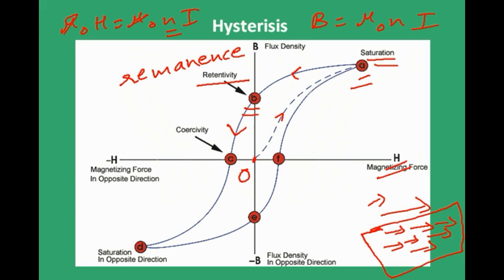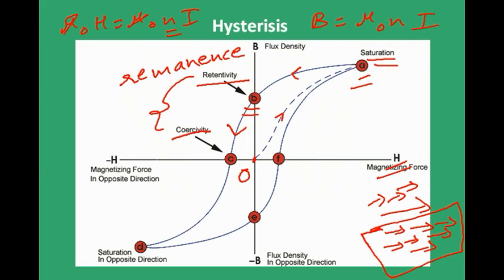It means that even if I reverse the direction of current, still there are some magnetic dipoles pointing in this direction only. So till C, I have this scenario going on, and when I reach this C, my magnetic field becomes zero for some value of H, and that value of H is known as coercivity. You will understand the importance of these two terms probably by the end of this video.